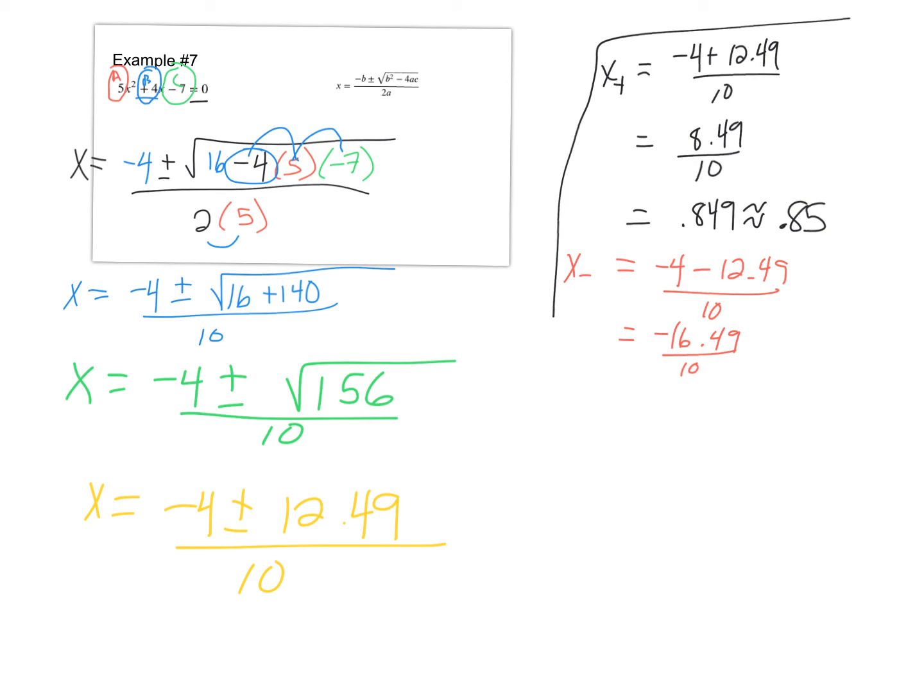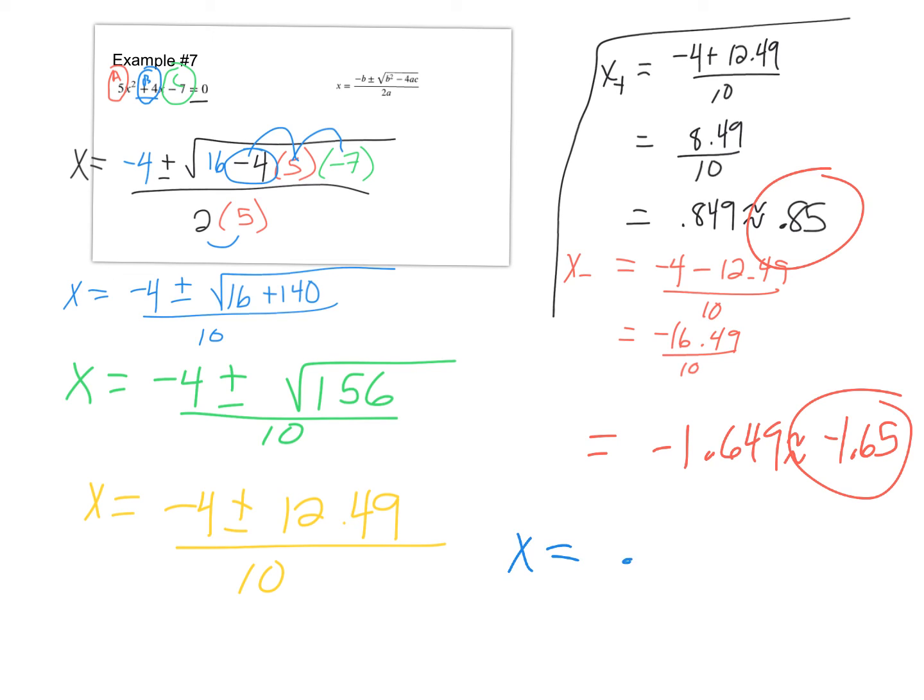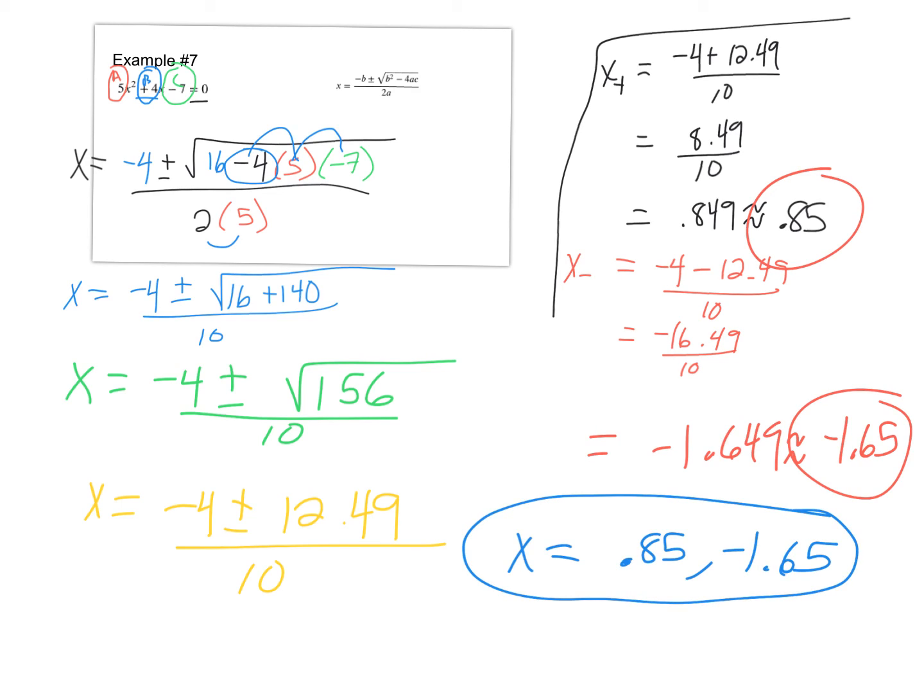Okay, and now finishing it up, divide by 10, I get negative 1.649, which I will round to negative 1.65. So my solution set, x is equal to 0.85 and negative 1.65. There it is.